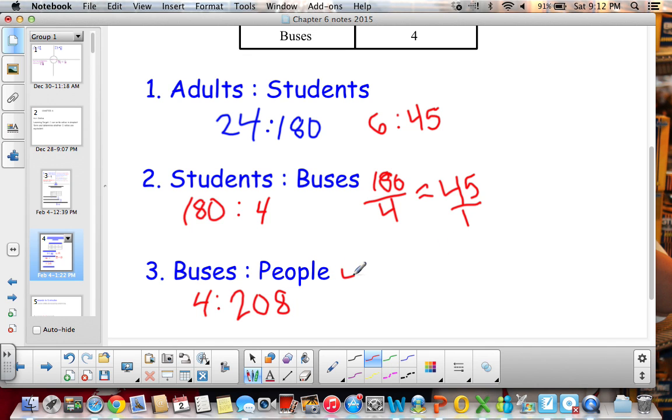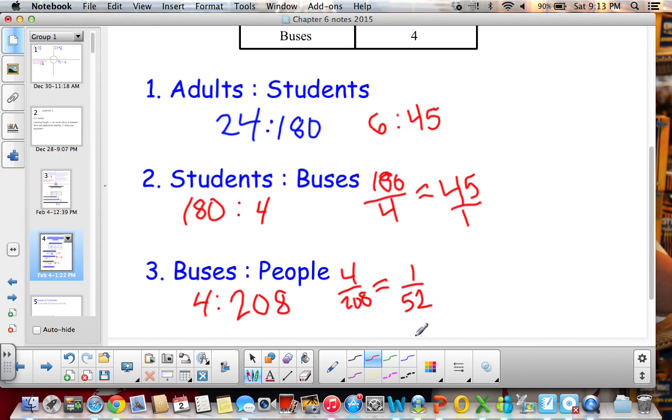So if we rewrite it as a fraction, we have 4 over 208. 208 divided by 4 is 52. So 4 divided by 4 is 1 over 52. So that tells us for every bus there was 52 people.